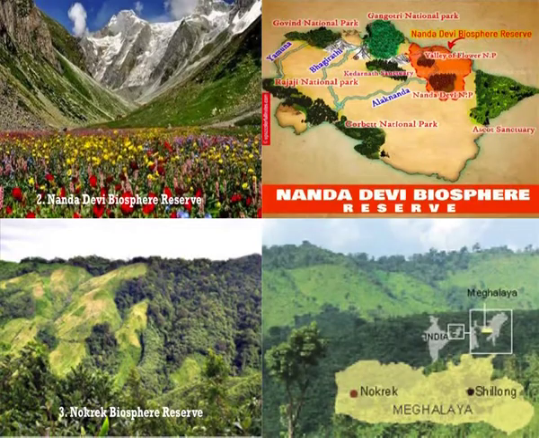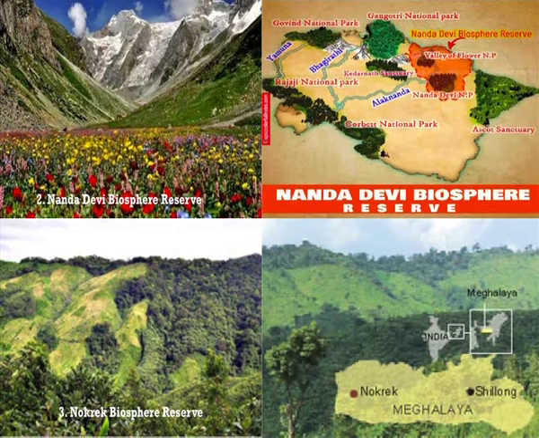Now, the next Biosphere Reserve which we come to is the Nanda Devi Biosphere Reserve, which is found in Uttarakhand or Uttaranchal, part of the Chamoli, Pithoragarh and Bageshwar districts. Rishi Ganga is the river which flows through this biosphere. Some of the flora found here are birch, rhododendron and juniper. The climate is usually dry with very low yearly precipitation.